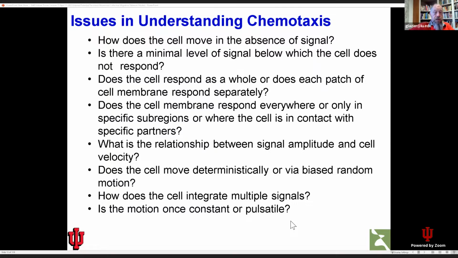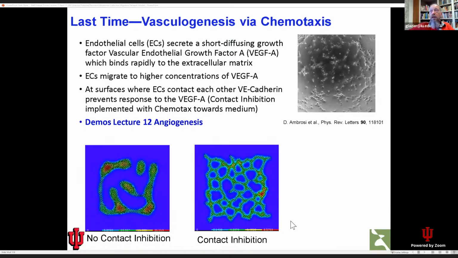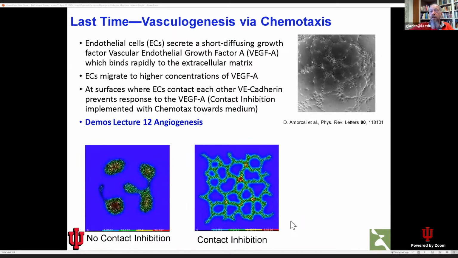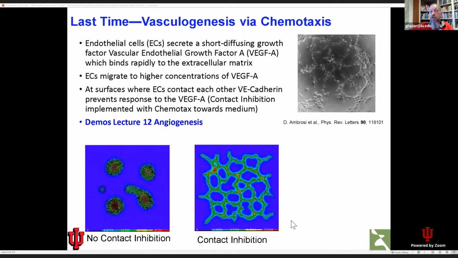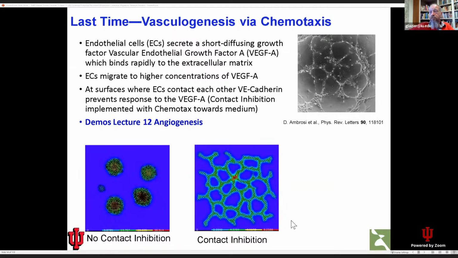Those are some of the kinds of questions we might ask when we start looking at the biology and want to translate that into a simulation. We then looked at vasculogenesis in response to chemotaxis and did a little demonstration of that.